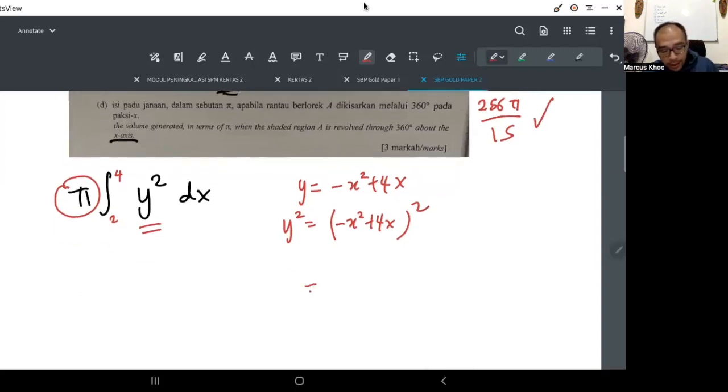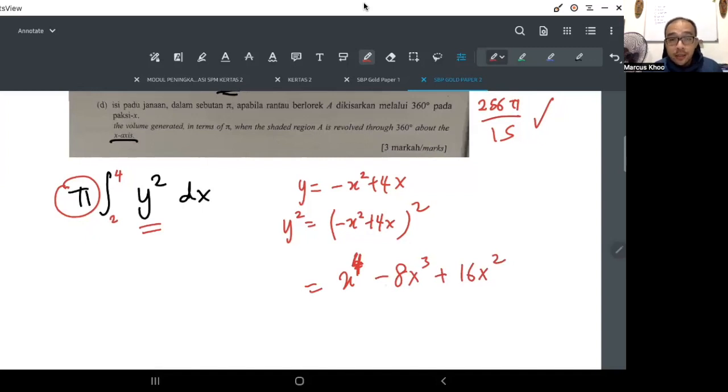If you expand this correctly, this will be x to the power of 4, minus 4x cubed, minus 8x cubed, plus 16x squared.